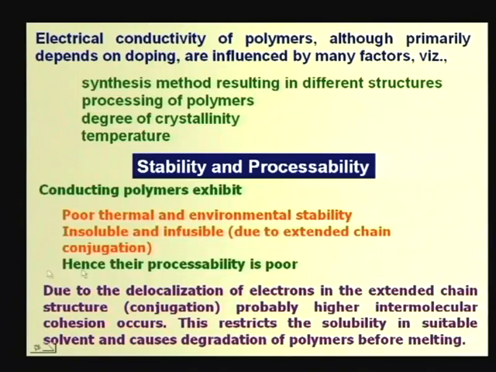See, after such a long time, they could show that yes, very high molecular weight polyacetylene can be developed, and that was accidental discovery by that group. Due to the delocalization of electrons in the extended chain structure, probably higher intermolecular cohesion occurs. This restricts the solubility in suitable solvent and causes degradation of polymers before melting due to thermal energy.